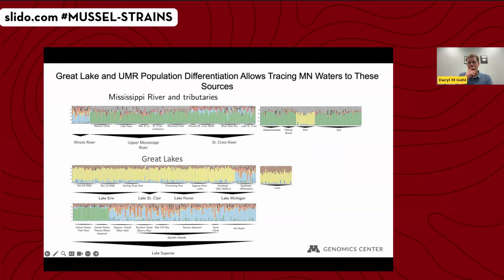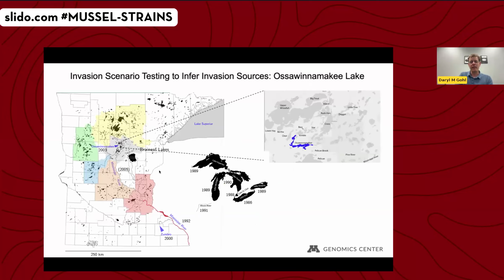And so once we have these ancestry clusters, what we can then do is start to model and do formal testing of hypotheses that we can generate based on looking at these data. And so I'll take you through how that was done quickly.